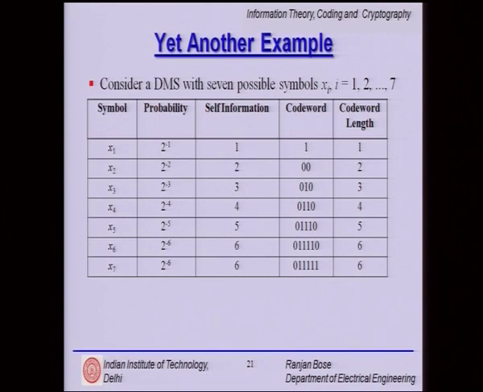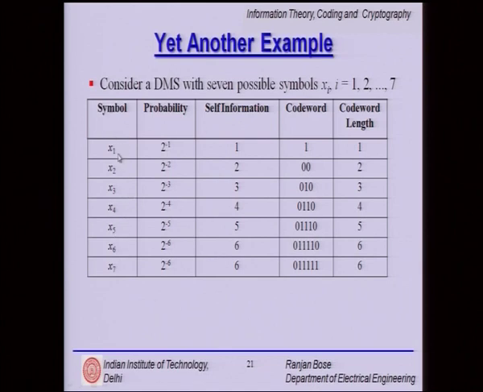So, let us explore a little bit deeper and look at another example. Again, our discrete memoryless source is generating possibly 7 different kinds of outputs, x1 up to x7, and these probabilities are associated with these symbols.